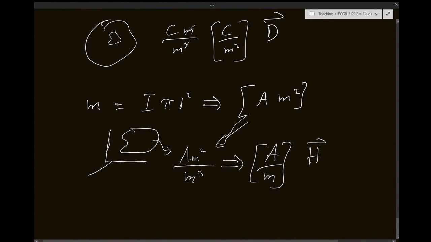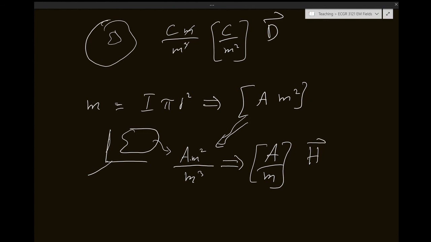So this tells me that when I represent the dipole as a loop, the dipole really is another representation. The magnetic dipole density turns out to be something that has the same units as the H field, as the magnetic field intensity. So the magnetic dipole density, looked at as those current loops everywhere in space, is another way of representing the H field, right?